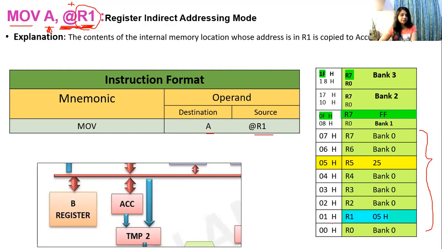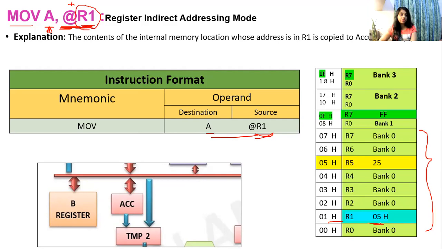R1 is here. Now what does R1 hold? R1 holds 05. So what is 05 for this instruction? For this particular instruction, 05 is an address, it is not data. So what this instruction says, move the contents of the memory location whose address is in R1.